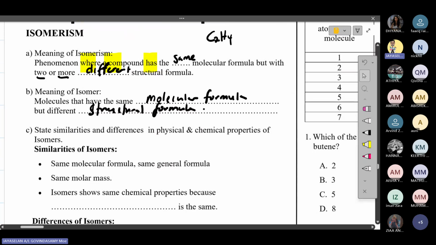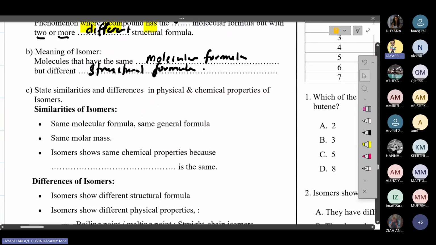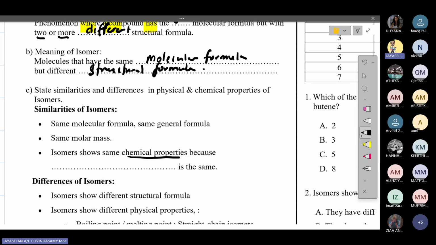Okay, isomer and isotope are the same. Isomer shows the same chemical properties. Isotope also shows the same chemical properties, right? Why? Because it has the same valence electron. Therefore, it shows the same chemical properties.